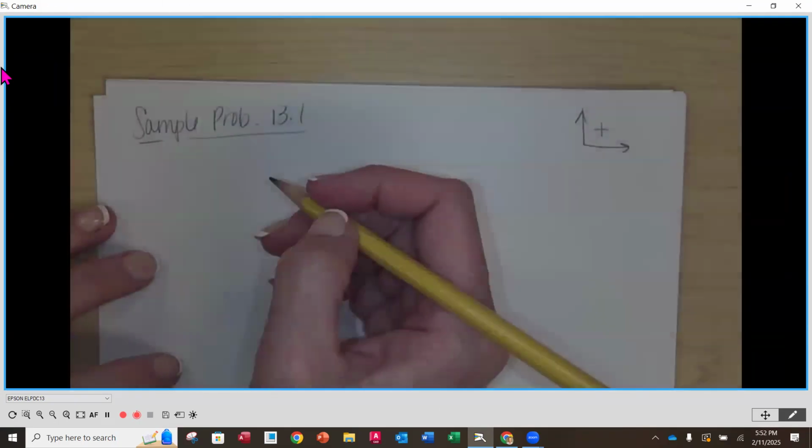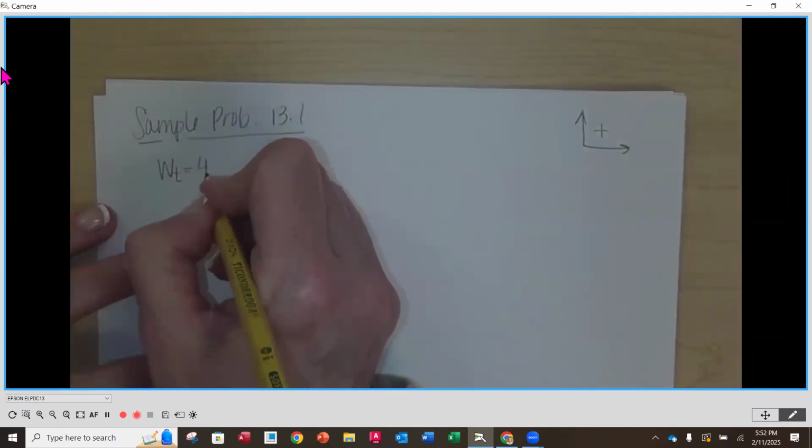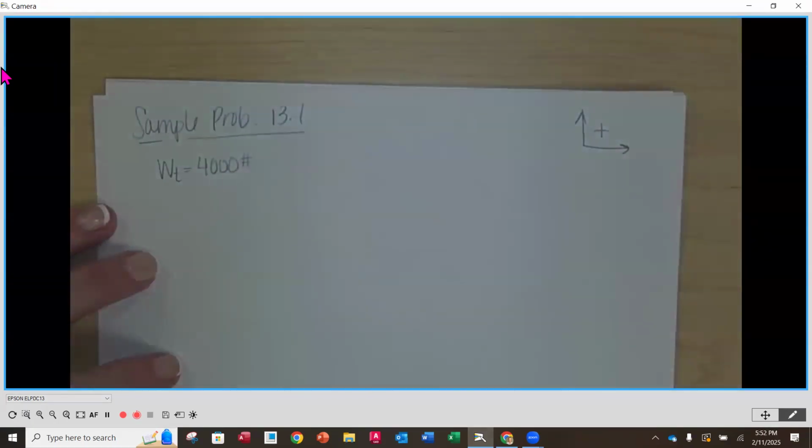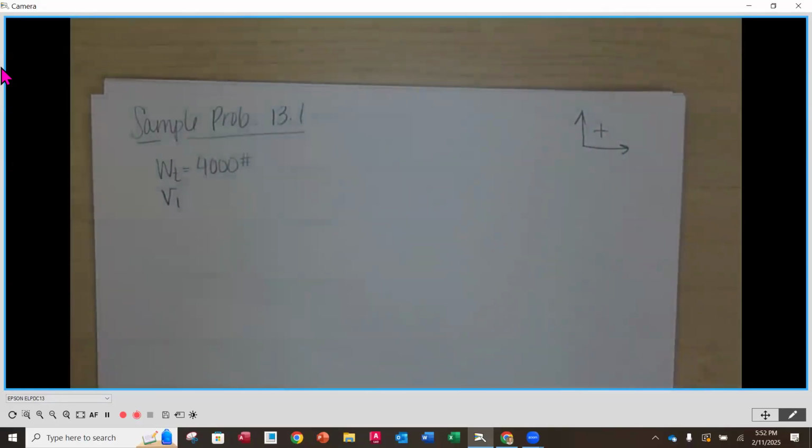Now, the information that's given to us in this problem, we know that the weight of the car is 4,000 pounds. We know that it's velocity 1. So previously they were calling it velocity 0, kind of like original state. Now in this chapter, because they've gone to kinetic energies 1 and 2, now they're calling it velocities 1 and 2.